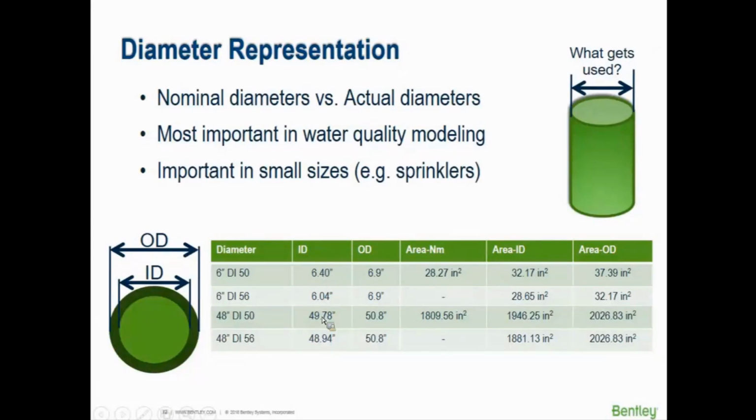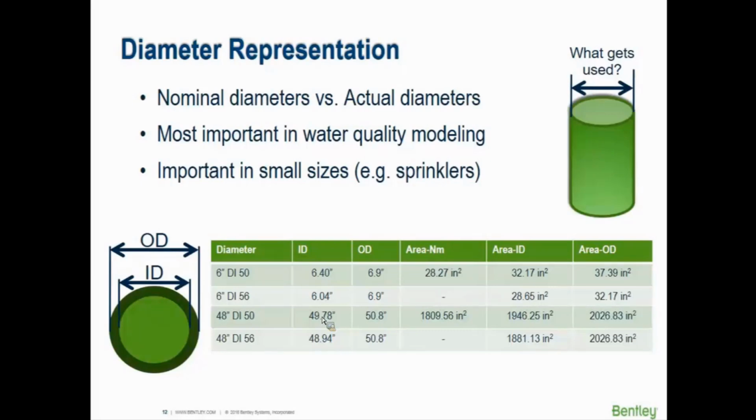Now, generally how this works is the inside diameters are going to be more than the nominal. So again, actual diameters are generally going to be more than the nominal. So 48-inch, again, it's 49 something or 48 something. It's not 47 something. So there's a little bit of a cushion there for you to consider.